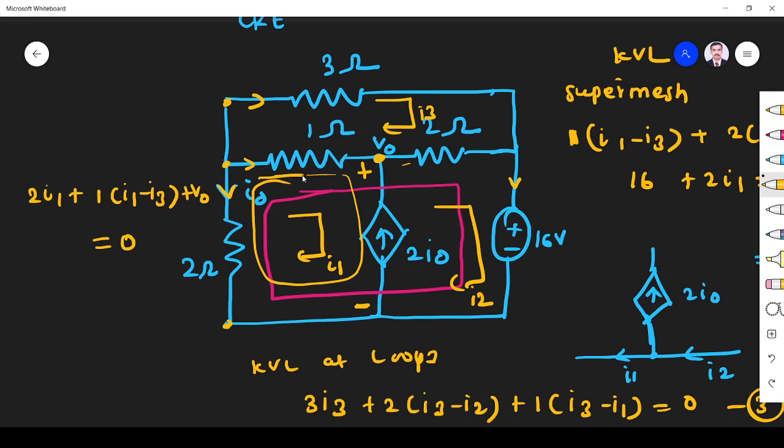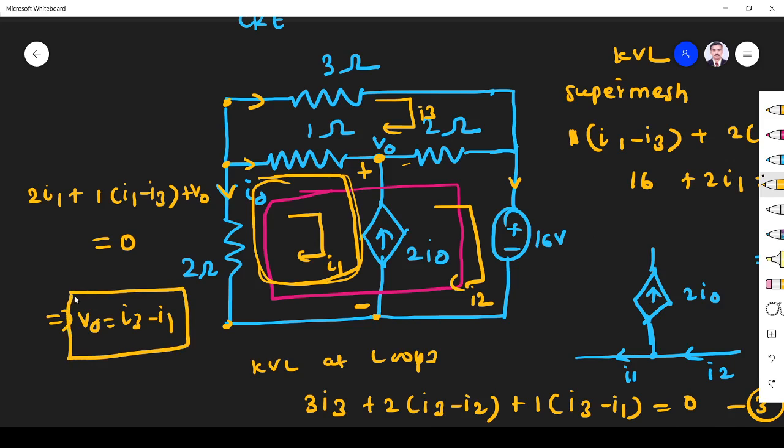So I apply KVL in this loop. The total voltage drop is V0, they are telling. This implies V0 is equal to I3 minus 3I1.